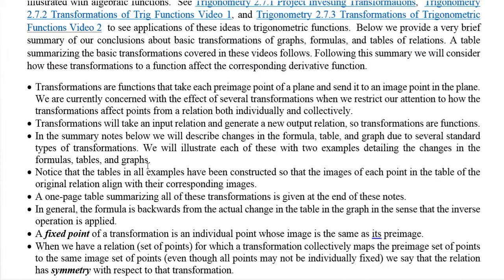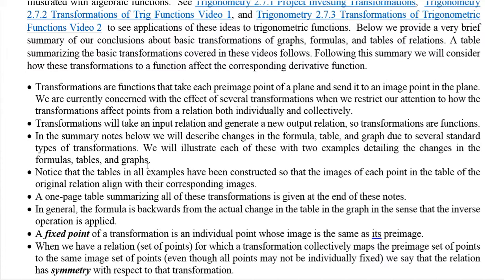But we can also think of it collectively as a set of points, how a graph is moved to another one collectively. So they take an input, which is a relation, and the output is a new relation, so the transformation is actually a function itself.